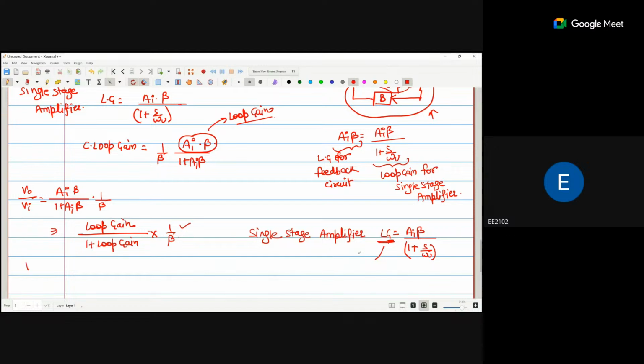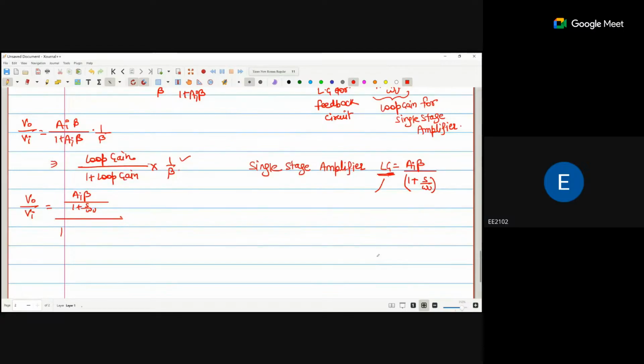So we are getting Vo upon Vi is equal to Aβ upon 1 plus S upon ωu for the numerator, and for the denominator 1 plus Aβ upon 1 plus S upon ωu, times 1 upon β.